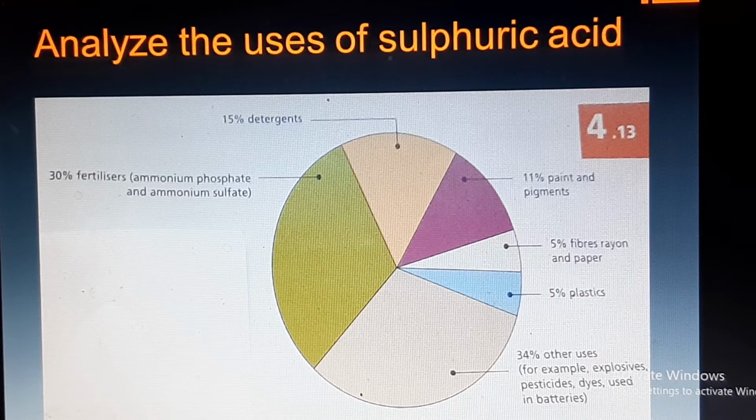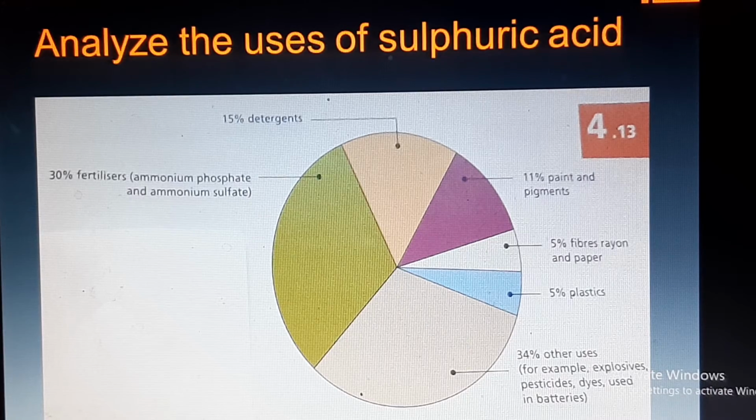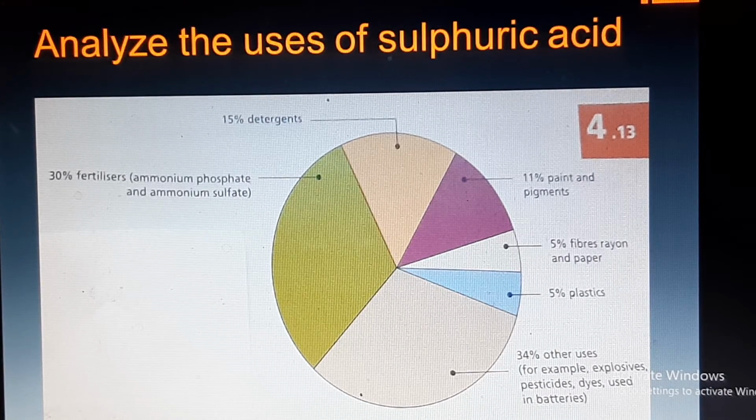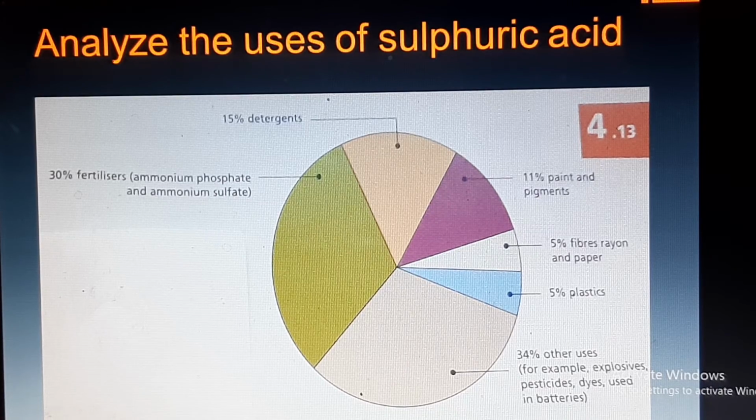And we can see there is also 15%. 15% is used for making detergents. Detergents means the soaps, detergents, and cleaning products. And 11% is used for paint and pigments. 5% is used for fibers, rayons and papers, and the next 5% is used for making plastic.